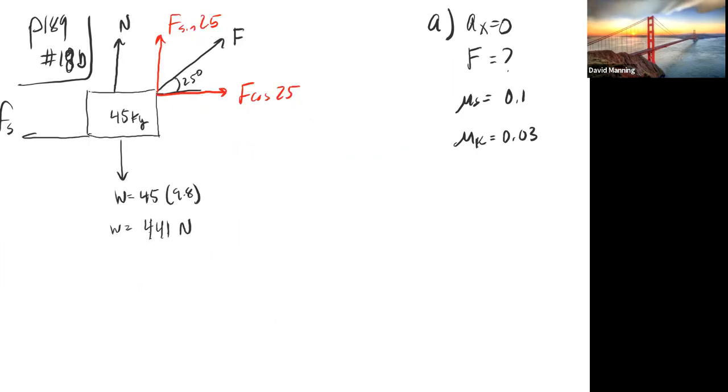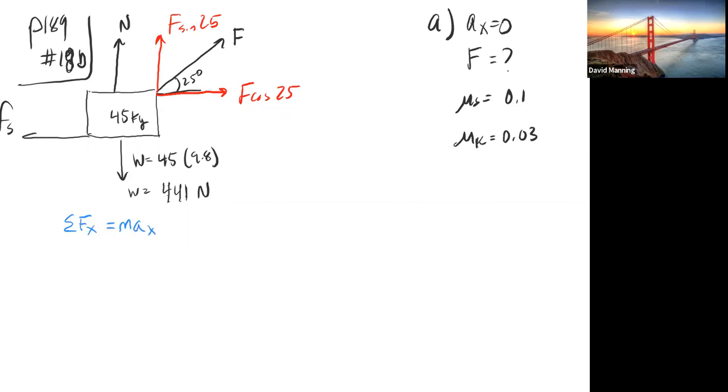All right, anyway. Now, we're going to have three equations again, just like every friction problem. We have the sum of the forces in the x equal max, the sum of the forces in the y equal may, and fs equals mu s times n.